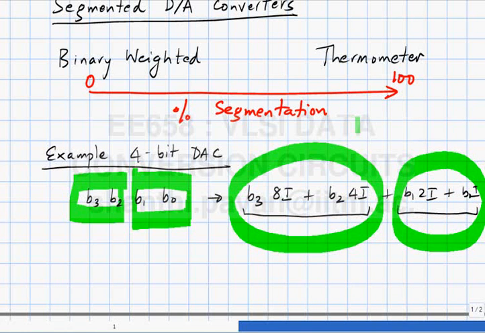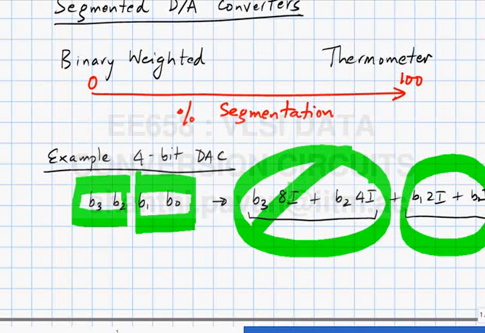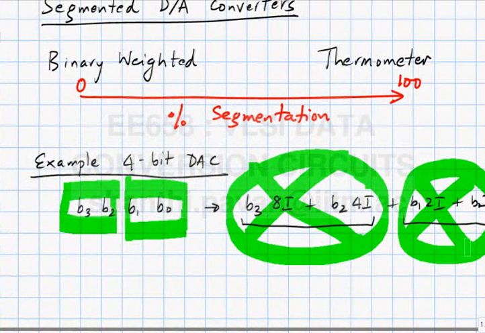If both of them are binary weighted, it is equivalent to one full big binary weighted DAC, correct? If each of them is thermometer, it is equivalent to one full thermometer DAC, correct? But perhaps it is possible to implement this DAC using a full thermometer and this DAC using a full binary, or vice versa, correct?